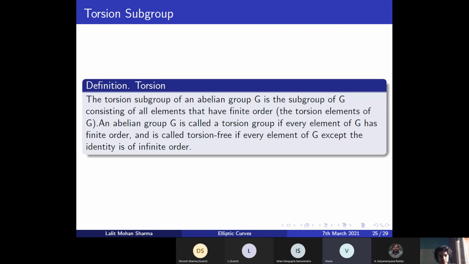And so AB must have finite order. So AB is there. And if A has order N, then A inverse should also have order N. So they are both finite.